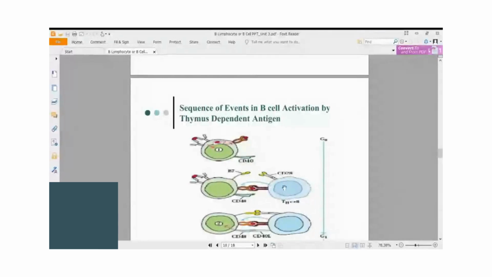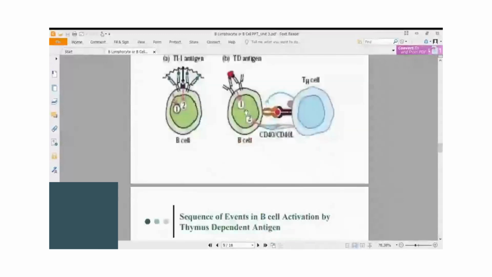At the same time, the B lymphocyte, which in fact had got activated with signal 1, had switched on some genes for production of receptors. The first receptor that is going to be produced by the B lymphocyte will be the CD40 receptor, CD40R.